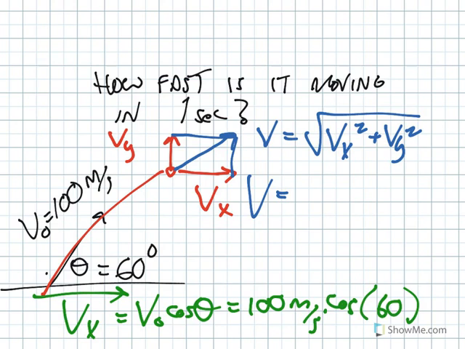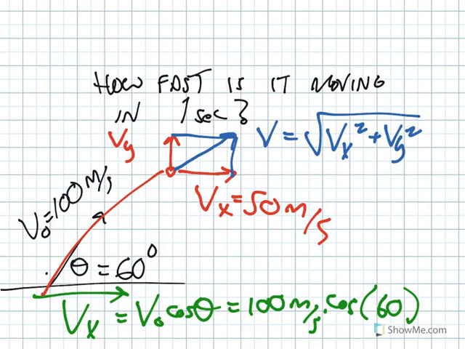Cosine of 60 is 1/2. 100 times a half is 50. So its sideways velocity is 50 meters per second. Right? And that's that sideways velocity for the entire duration of this trip here.